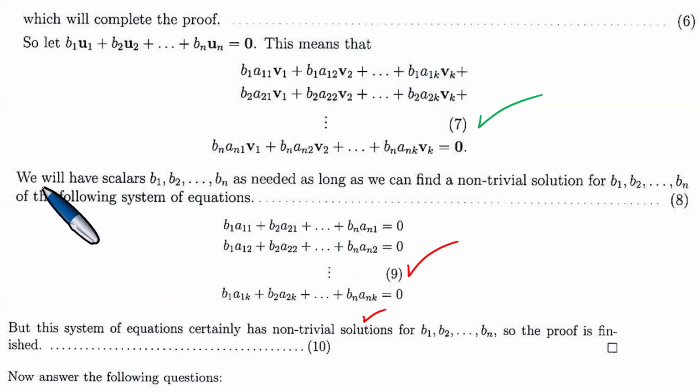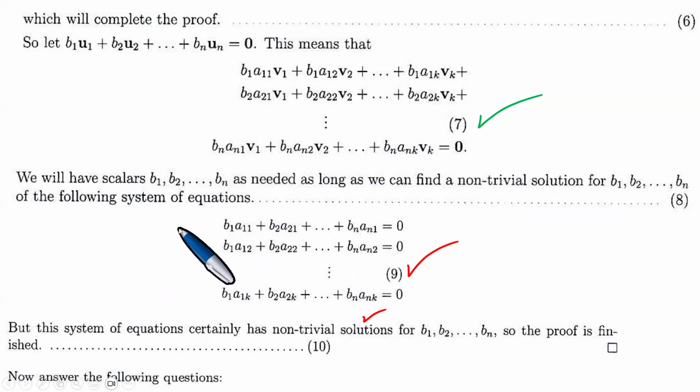Okay, for instance, you look at this. We will have scalars B1, B2 up to Pn as needed, as long as we can find a non-trivial solution of the following system of equations.